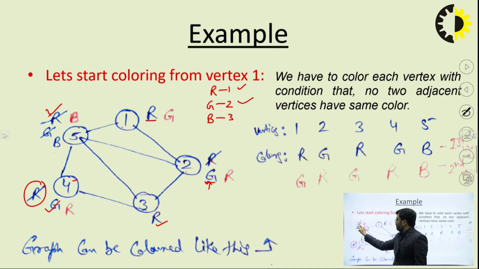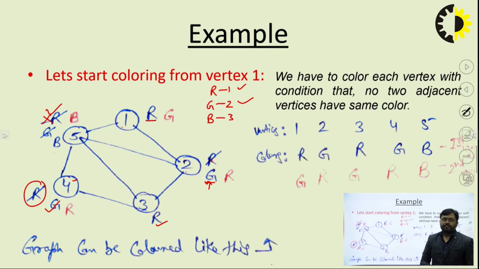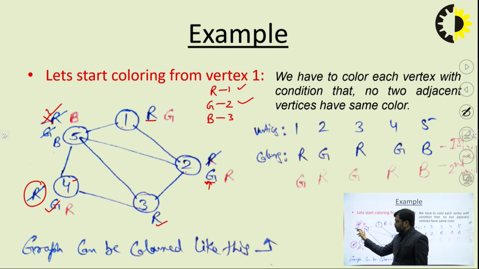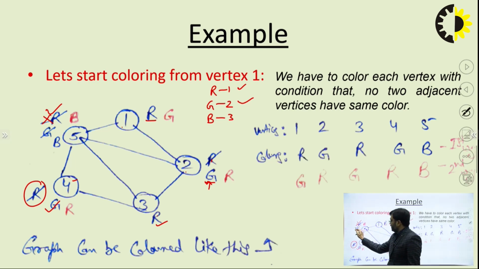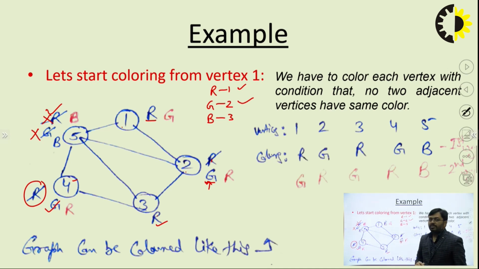That means we cannot give the red color to vertex 5. Then we try to give color number 2, that is green color, to vertex 5, and we found that vertex 4, which is adjacent to vertex 5, has green color. It means we cannot give green color to vertex 5 either.